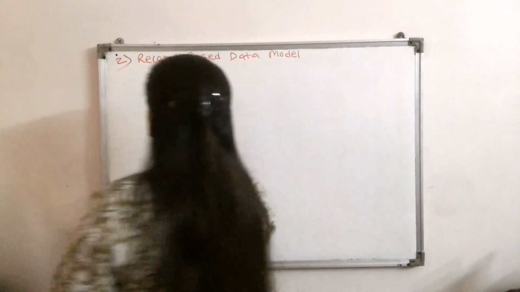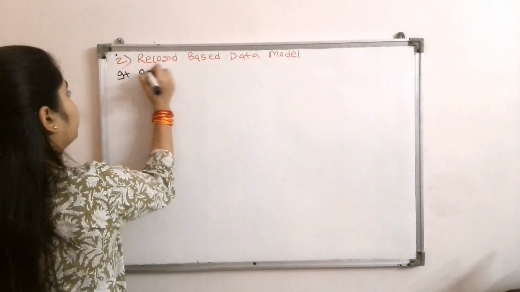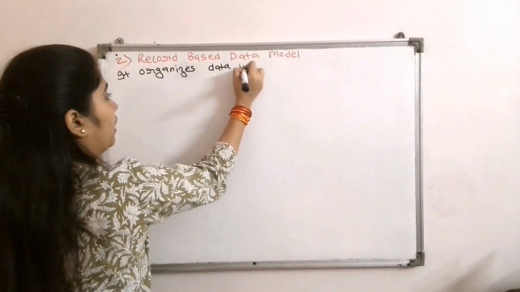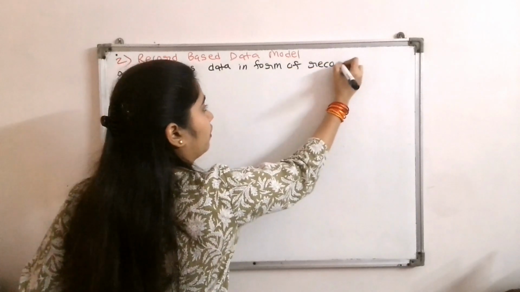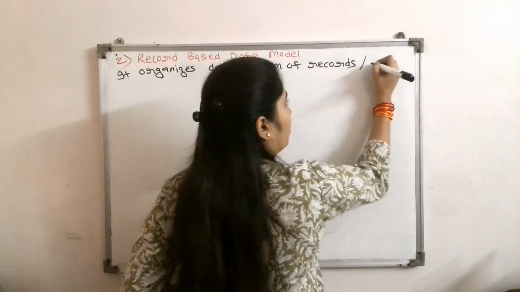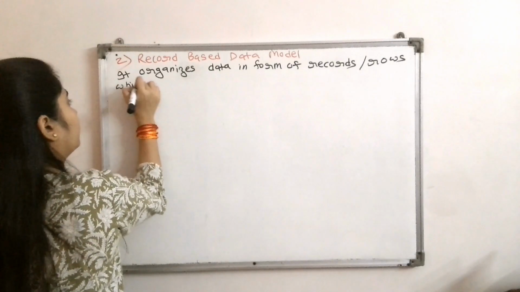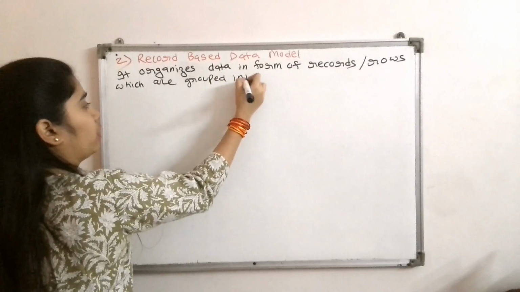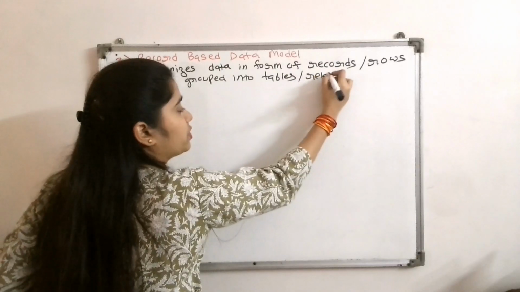See, let's write it here, then you will understand it better. Data in form of records or rows which are grouped into tables. Tables are also known as relations.